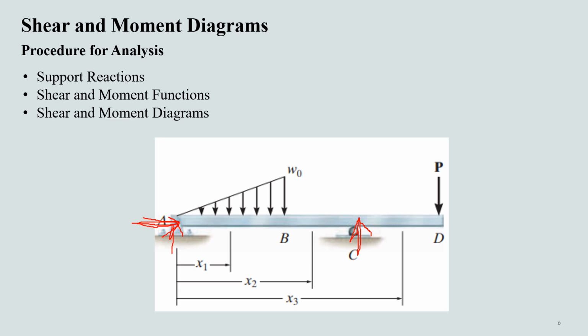For example, if we have to describe sections in this beam, we'll take our first section here, and our second section where there is any change, like the loading is ending at point B, so our second section should be between point B and point C. Our third section should be between point C and point D, because here we have a support and also a load at the end. So there will be a variation in moment and shear within this location as well.